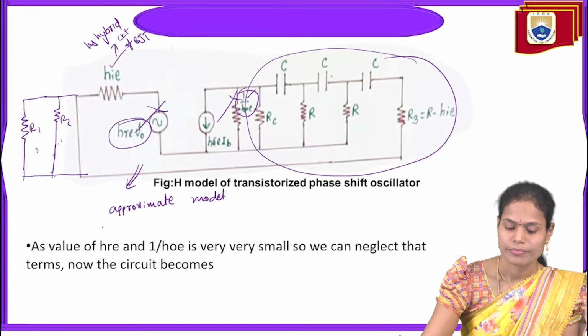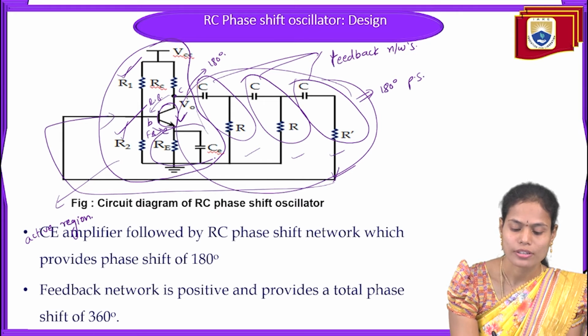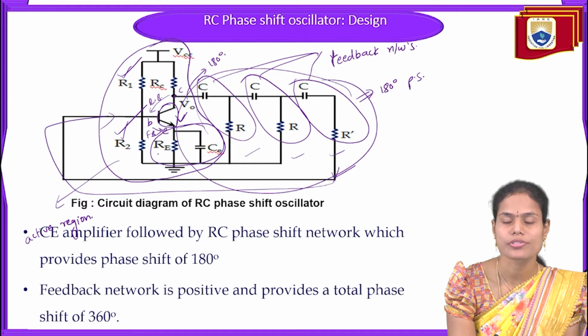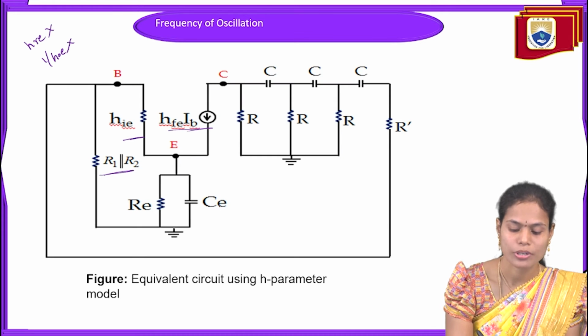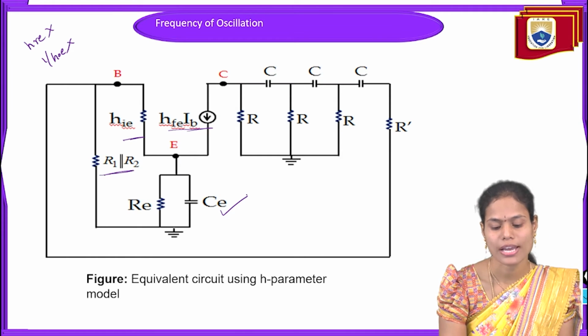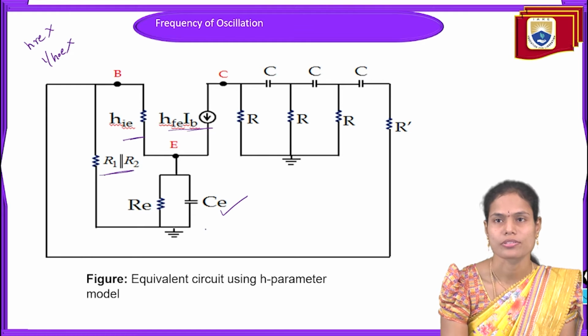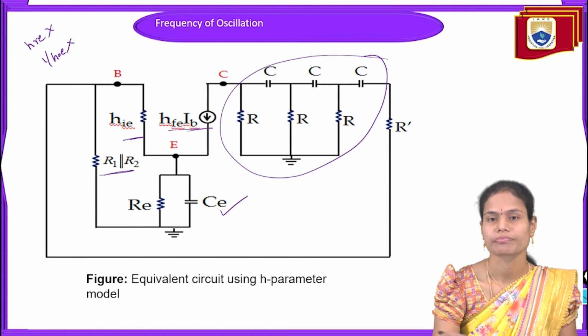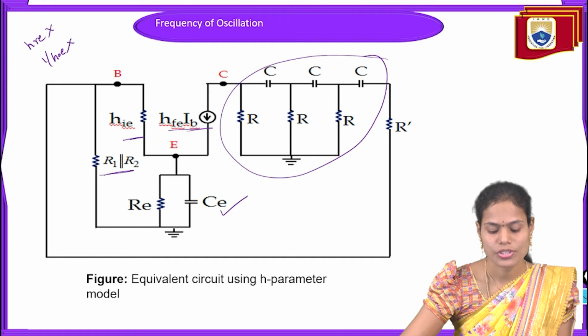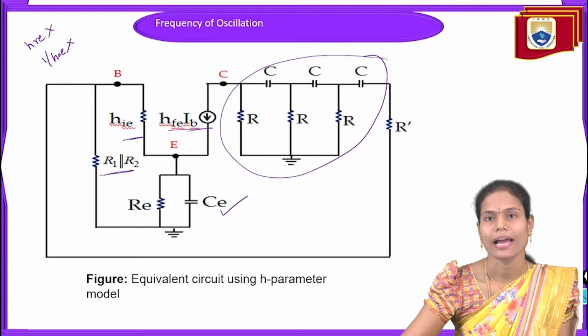Across the emitter, we have the emitter resistance as well as emitter capacitance, and the feedback network. So this is the equivalent circuit using the H parameter model of the amplifier.